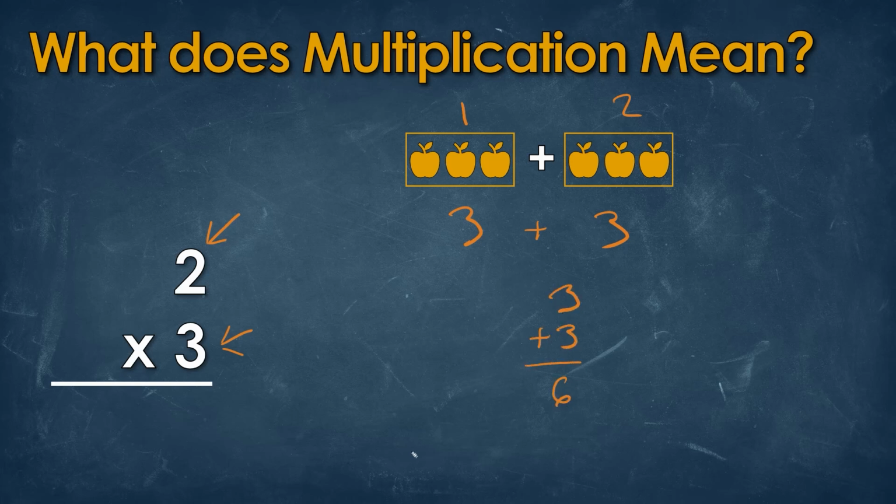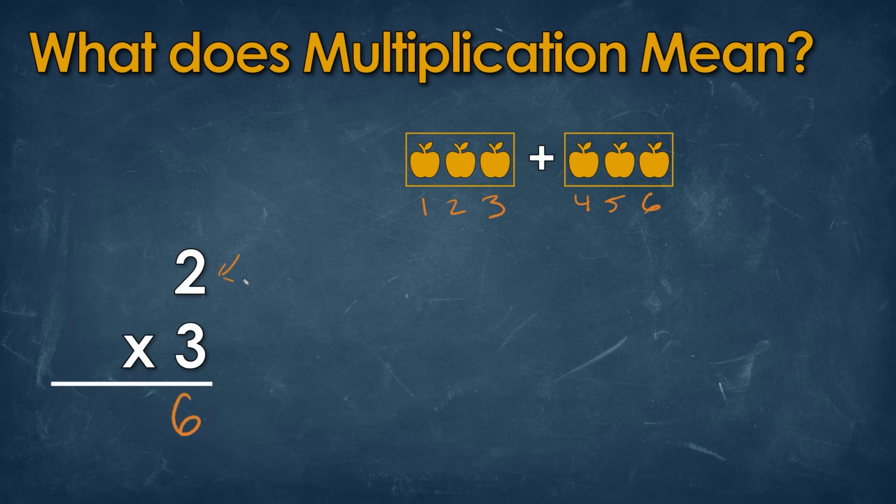But let us go ahead and add this all together. We have 1, 2, 3, 4, 5, 6. So we see we have 6 apples. We have two groups with 3 items in each group. Or in our case, we have apples.